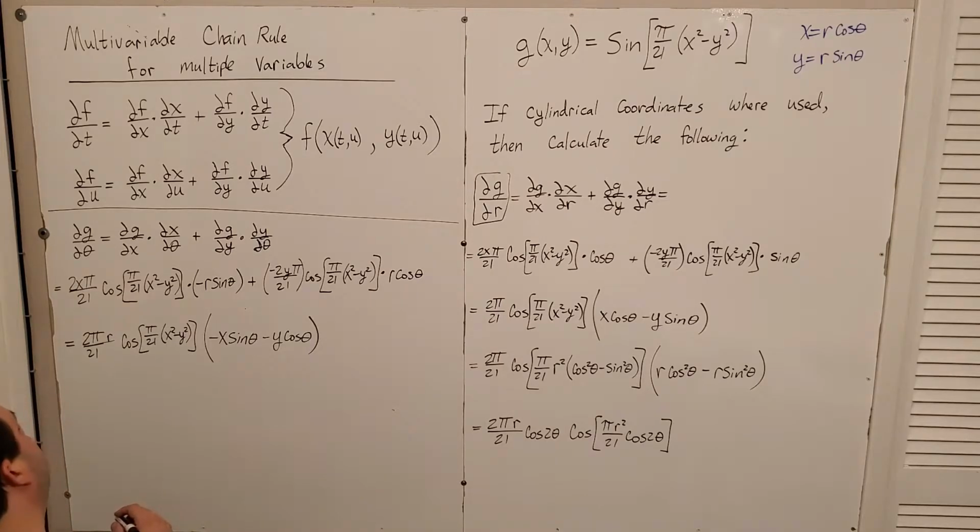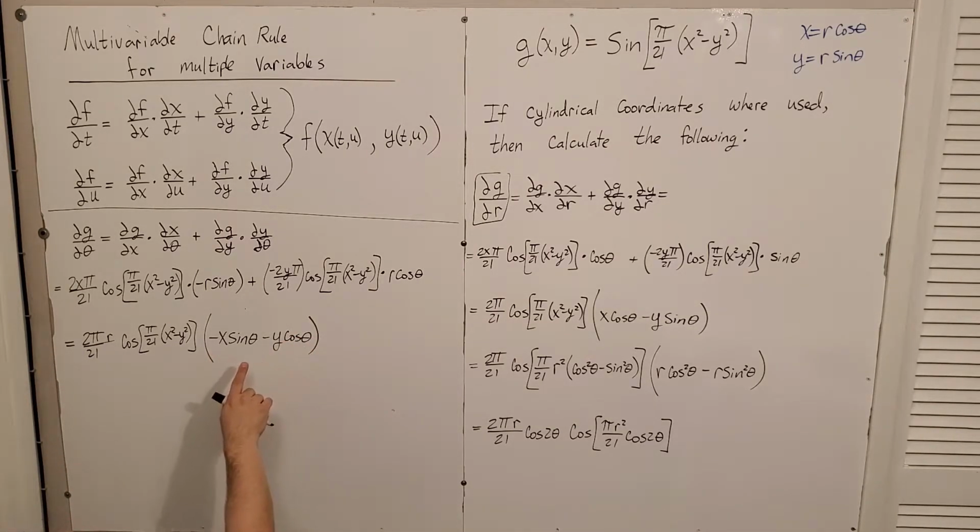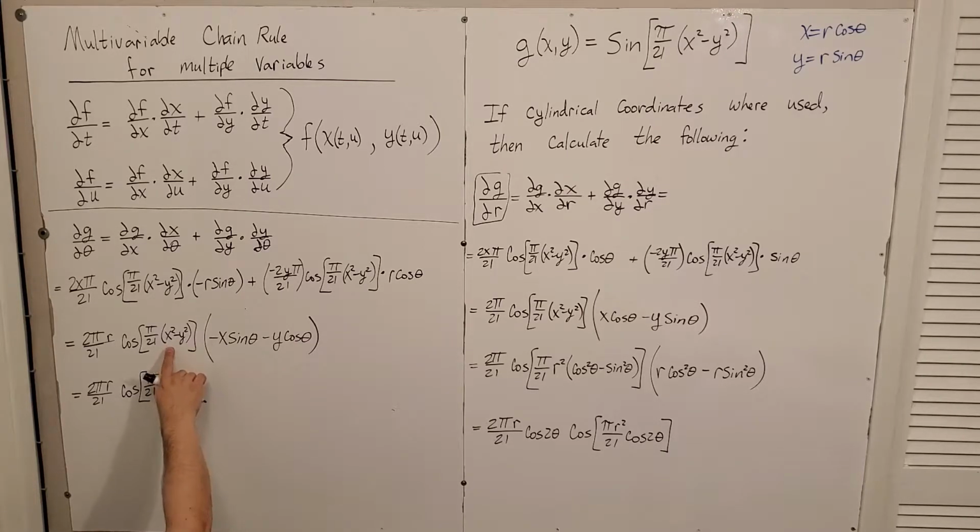So then from here, I can plug in all of my pieces and start pulling out some more. I've got the 2 pi r over 21 cosine of pi over 21. And then this is going to be like we did before, right?